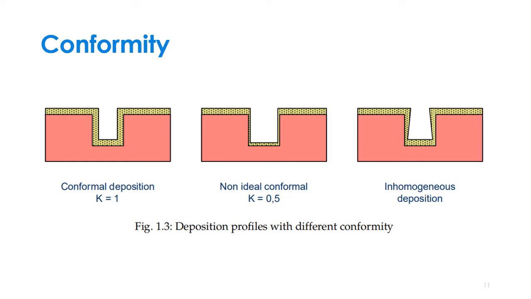So here is an example of the conformity when K is 1: if you can see, the distribution of the layer is the same. When it is not ideal, a certain part becomes quite thin and another part is thick. If there is an inhomogeneous deposition, you will see the third picture.